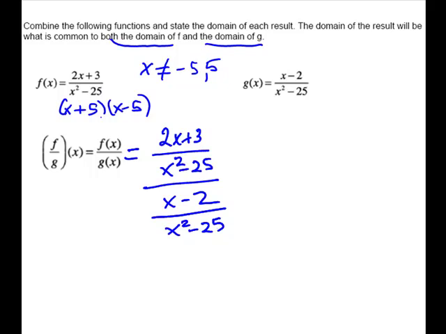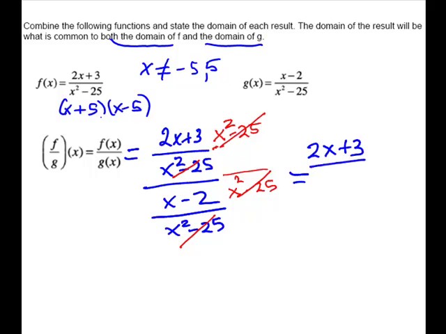And so we would multiply by that up here and down here, because that is really 1, and that will cancel both denominators and gives us 2x plus 3 over x minus 2.